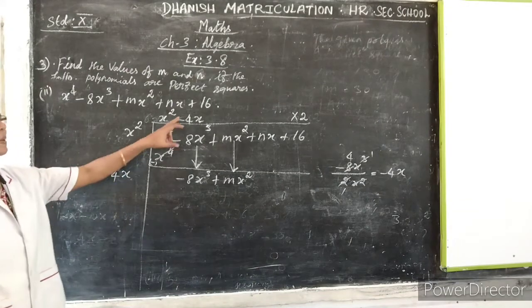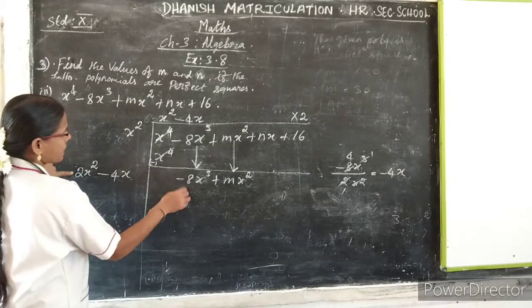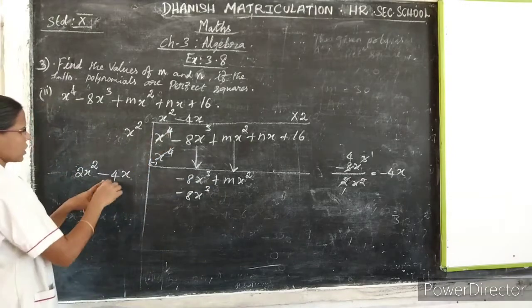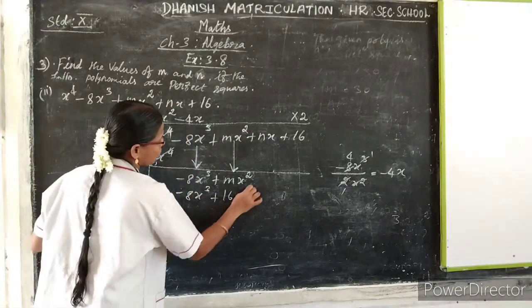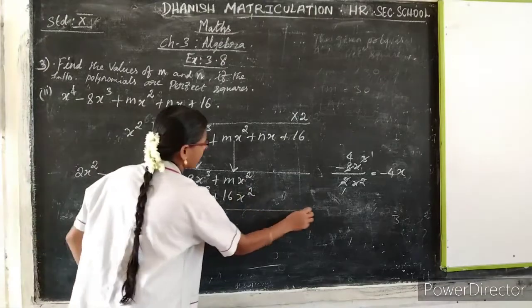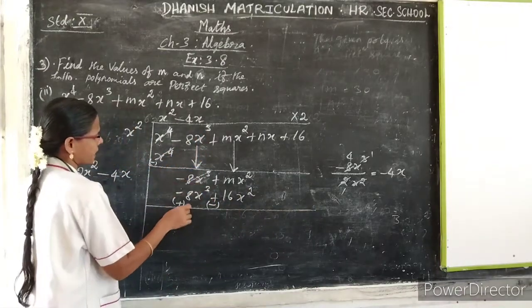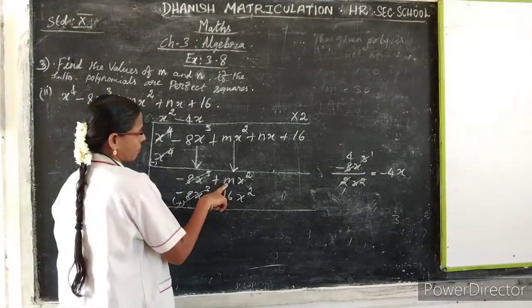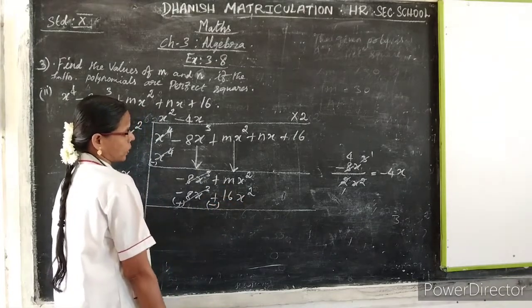Multiply these two terms by this minus 4x. So minus into plus is minus, 2 4s are 8x cube, minus into minus is plus, 4 4s are 16x into x square. Now change the sign. This minus 8x cube plus 8x cube gets cancelled here. mx square minus 16x square.